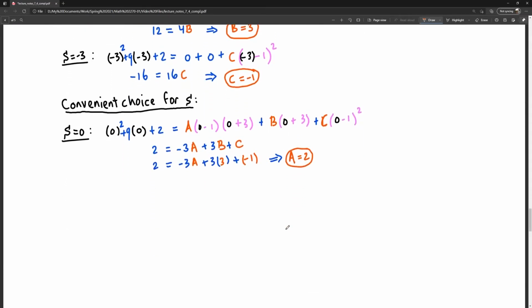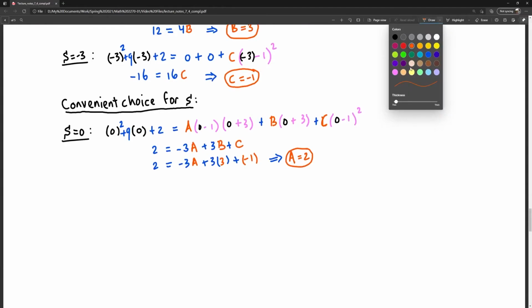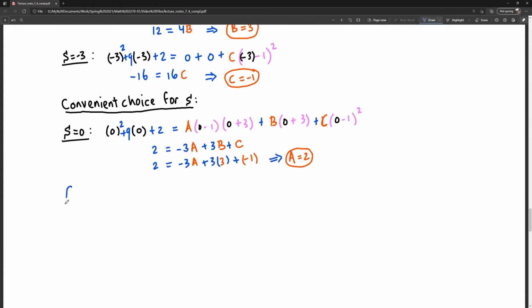So to find the inverse Laplace transform now, we're trying to find the Laplace inverse of s squared plus 9s plus 2 over s minus 1 squared times s plus 3.